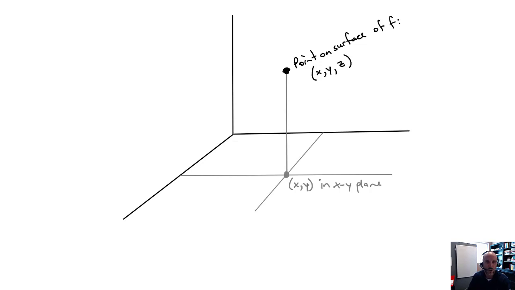So the x and y are the x and y coordinates, and the z coordinate would be the output z. All right. So that's one way to visualize it. The inputs are in the xy plane, and the outputs are points in 3-space that when you plot all of the points, you would get some sort of surface in 3 dimensions. Okay, so that's a couple ways to visualize functions in 2 variables. Let's look at an example.